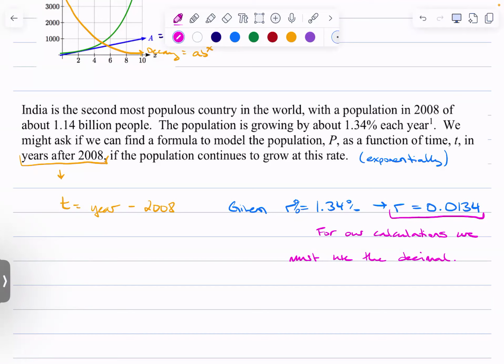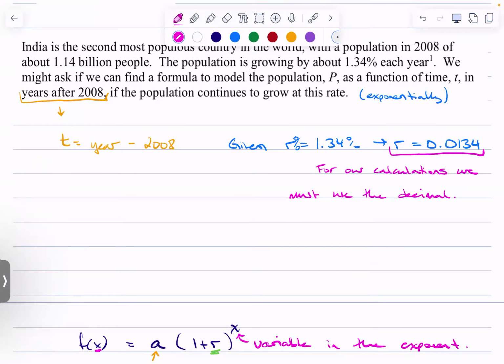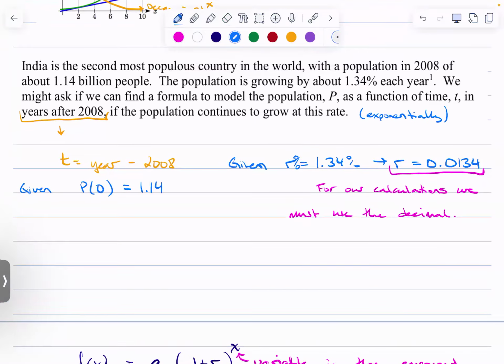Now we're starting in the year 2008. What we are told then is that the population at t equals 0 must be 1.14 billion.